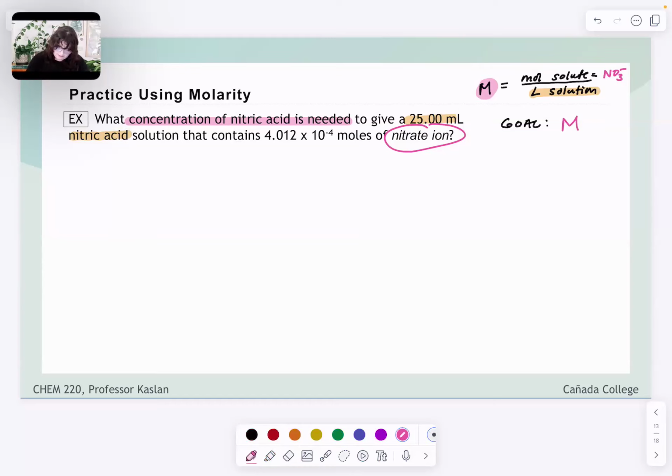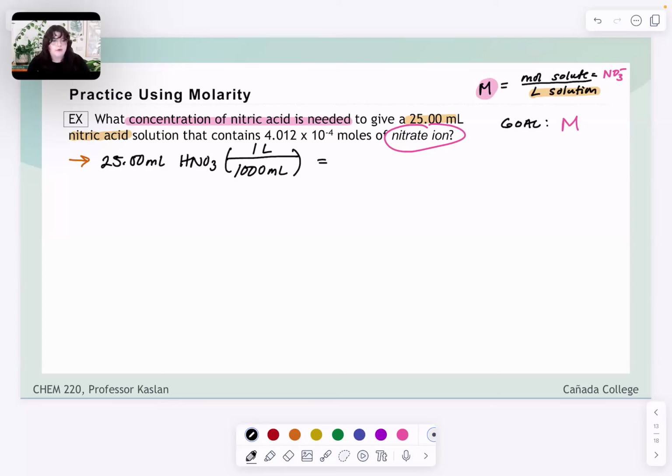Reading my problem, what concentration of nitric acid is needed to give 25.00 mils of solution? So I have some information about that. I have 25.00 milliliters of HNO3 solution. And we are going to need to put this in liters. So we could do our conversion factor where we say that for every 1 liter, that will contain 1,000 milliliters. So we're dividing by 1,000 here.